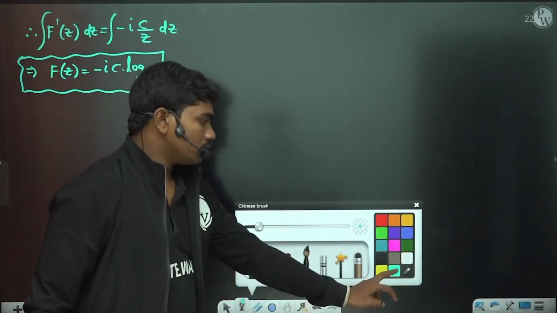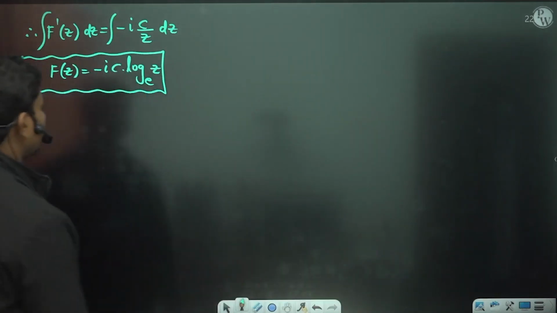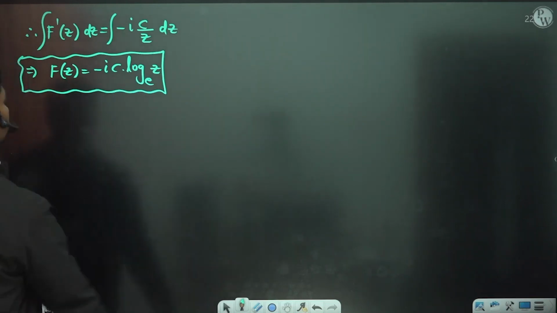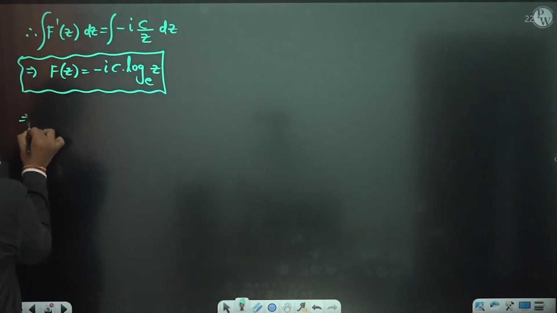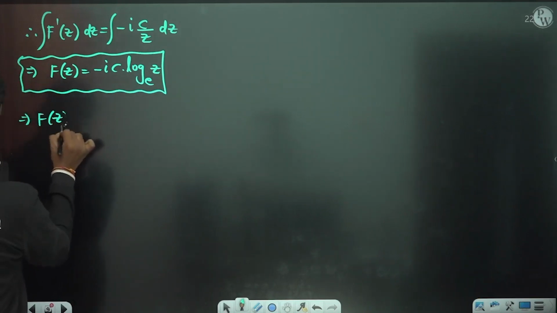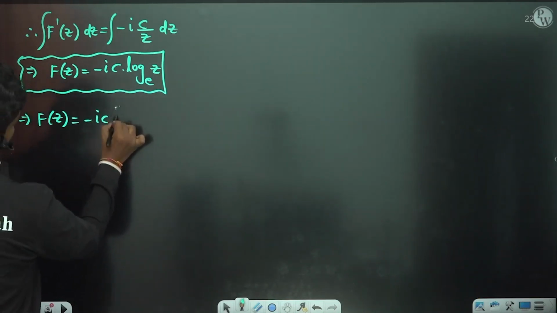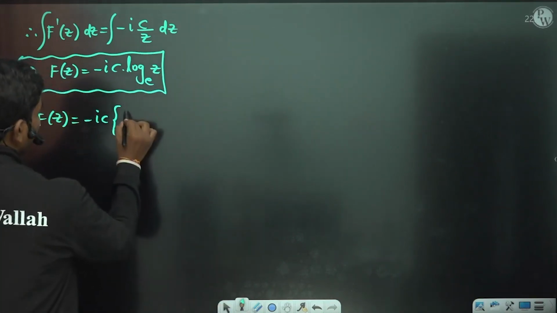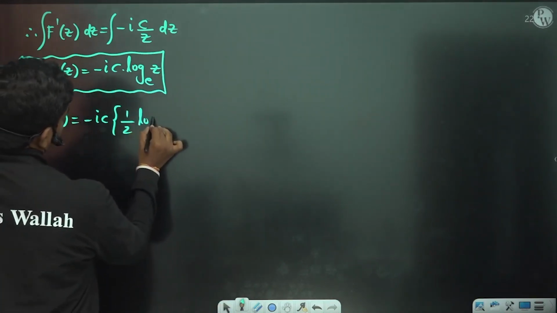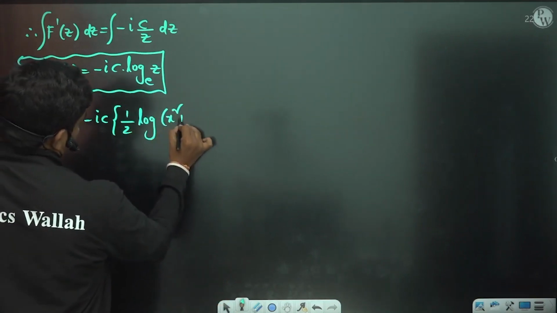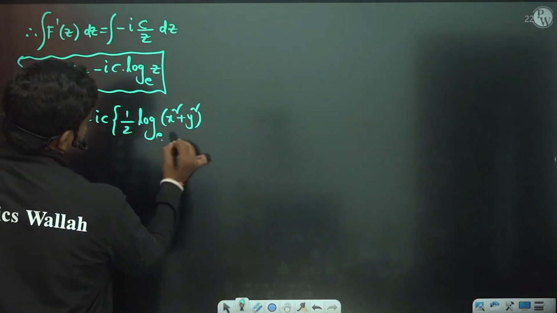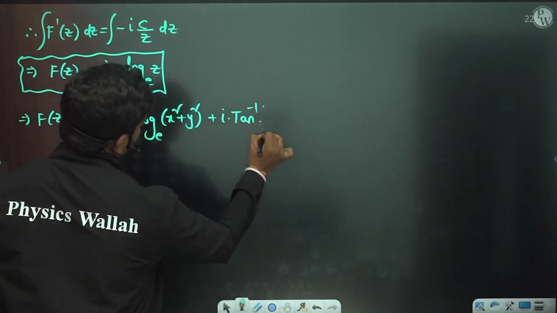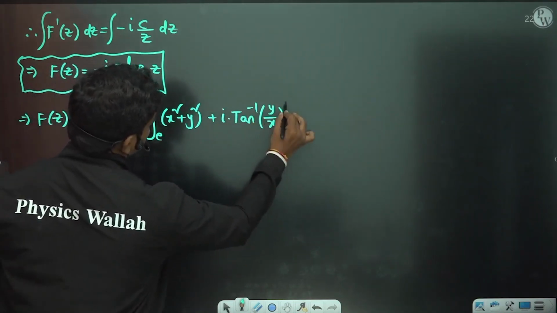Now if you split this, because I want to show you what the equipotential lines and streamlines are in this case, f of z is equal to minus ic times log z to the base e. If you expand, half log x square plus y square to the base e plus i times tan inverse y by x. Okay, so this is what you have.